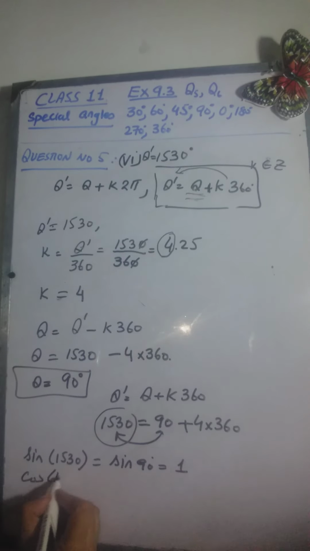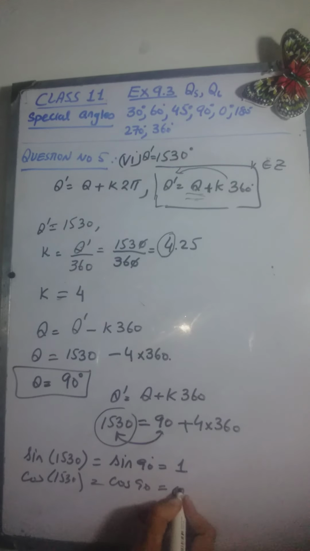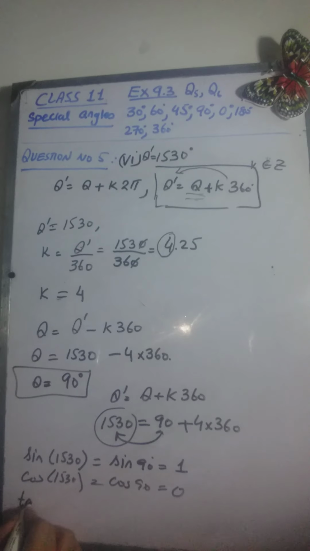Similarly, cos of 1530 will be equal to cos of 90, which is 0. And tangent, we can easily find by dividing these two. Tangent of 1530 will be equal to tangent of 90, which is undefined, because it is 1 by 0.